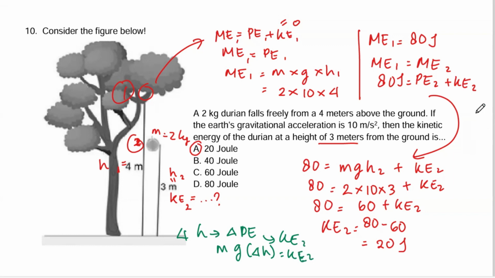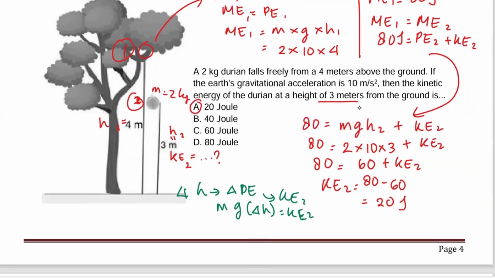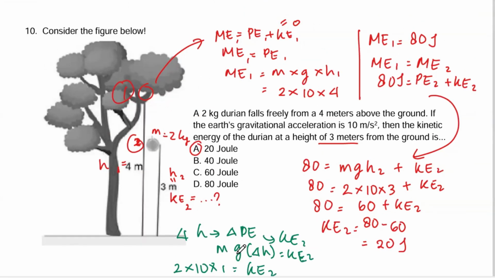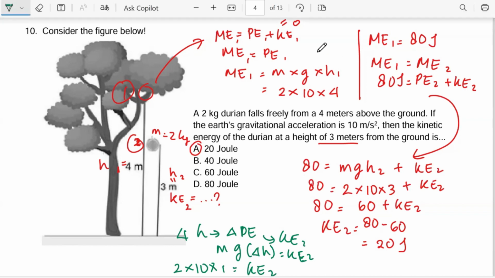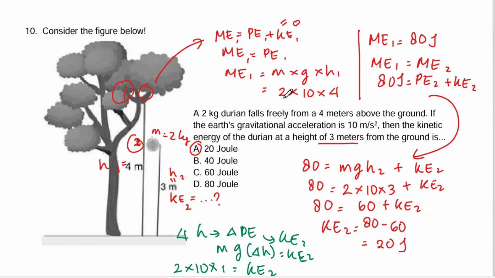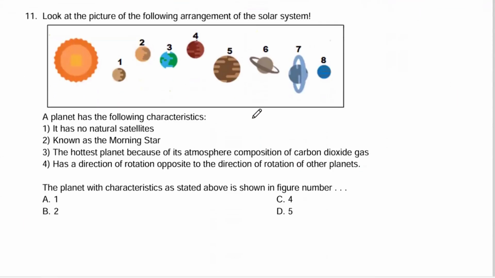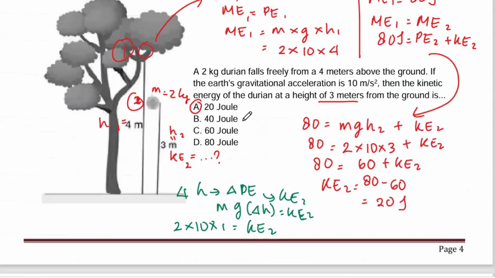You're going to get the same answer. So it's 2 times 10 times the delta H, which is just 1, so this is the KE2, or just 20 joule. But if you're not sure about this, you can just use the conventional one. But I think this is easier, you don't need to memorize new things.